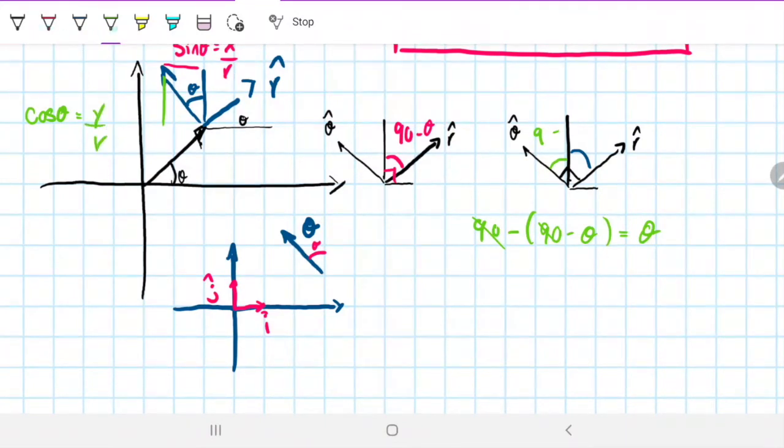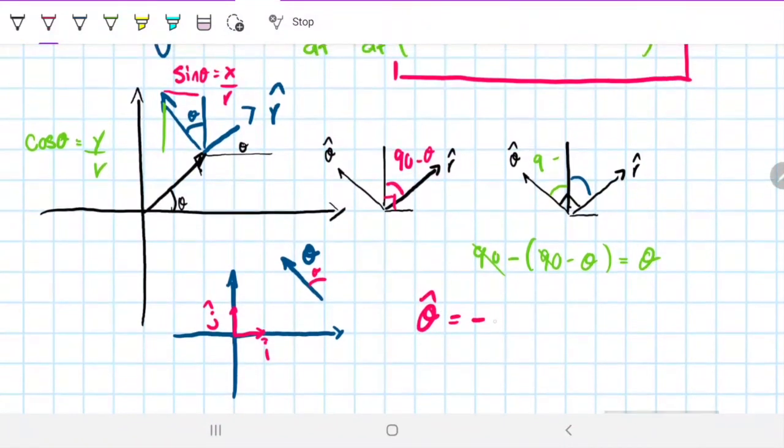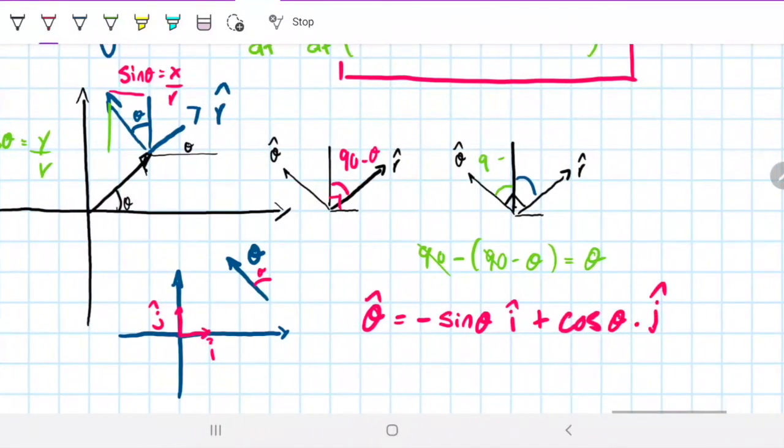So if I want to define my theta hat, that will be equal to negative sine of theta times i hat, because I need it to be negative on the i direction, plus positive cosine of theta j hat. Okay, one more time.